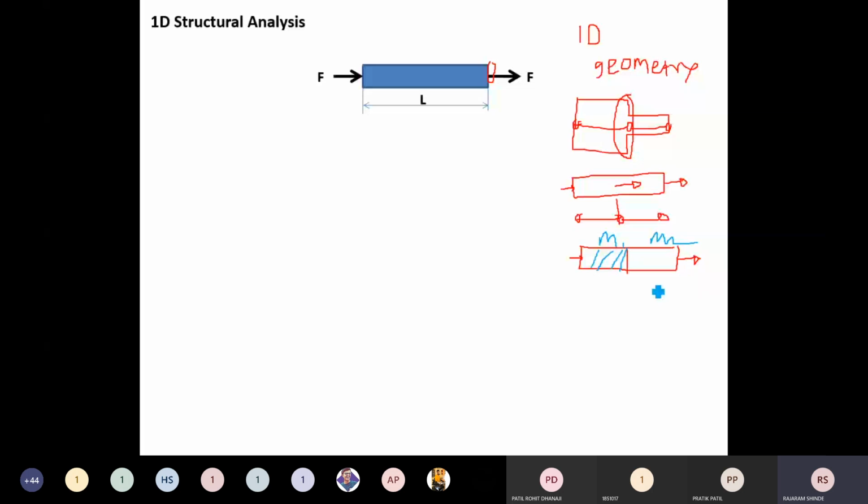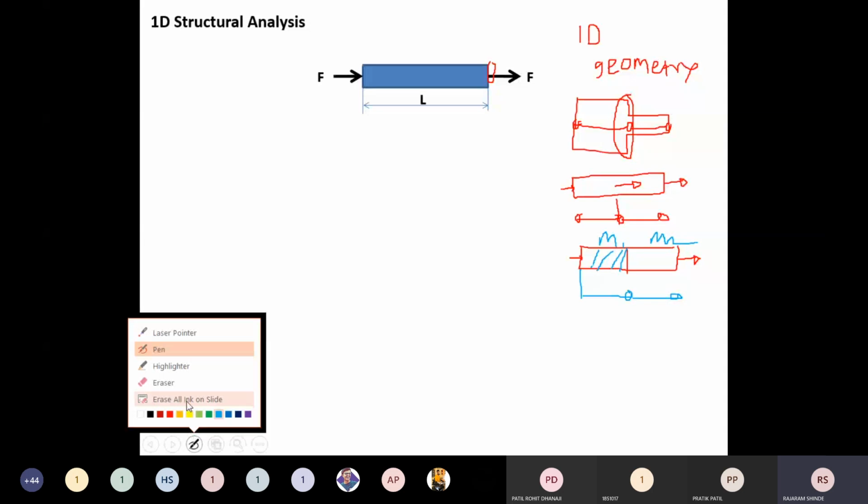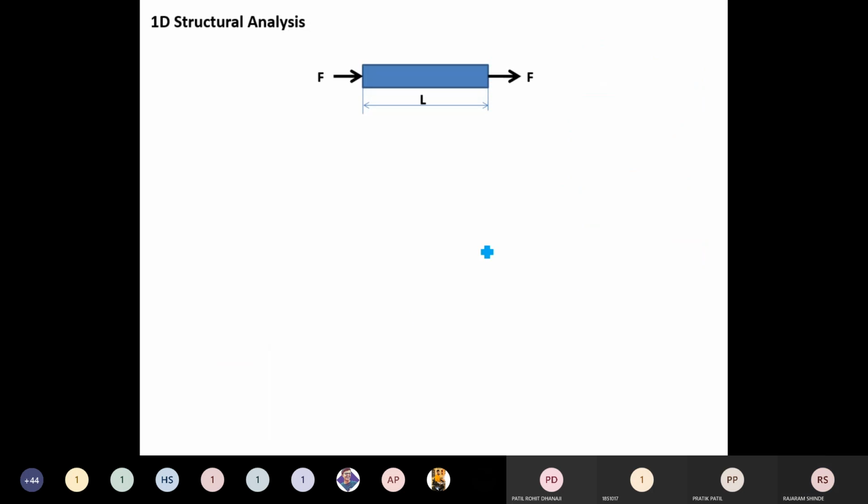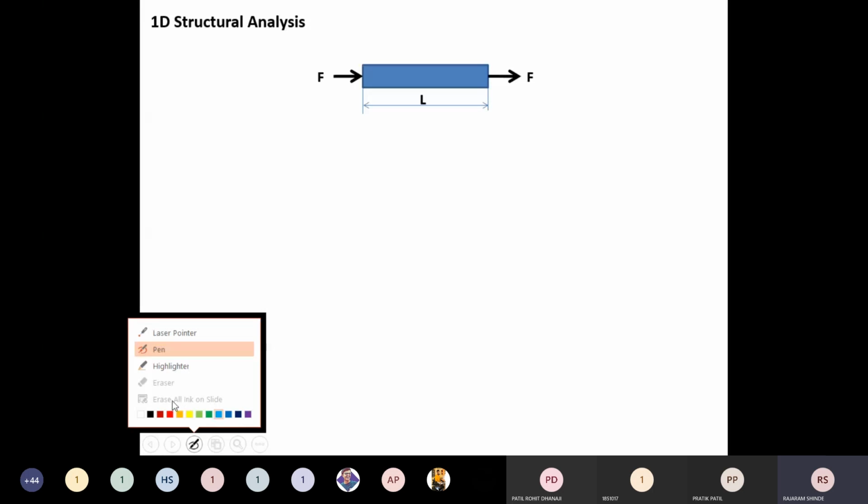Any number of materials may be there. Then you have to select one element from here to here and one element from here to here. By considering these things, you have to select the elements.